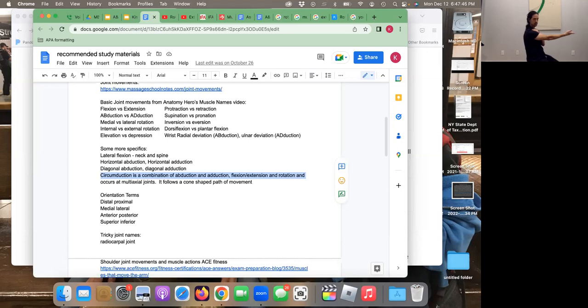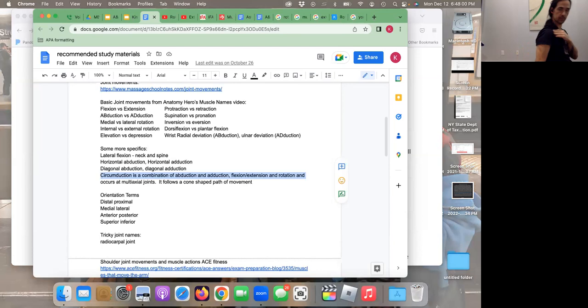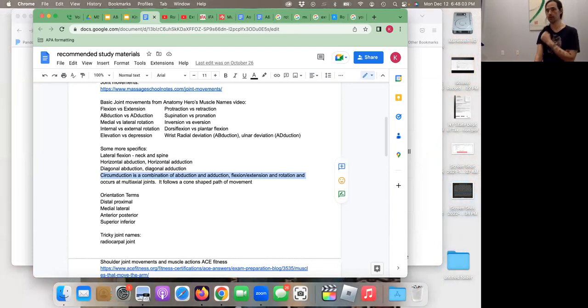Adduction, flexion, external rotation, and then more flexion and then extension, internal rotation, extension, coming back down to adduct the arm.